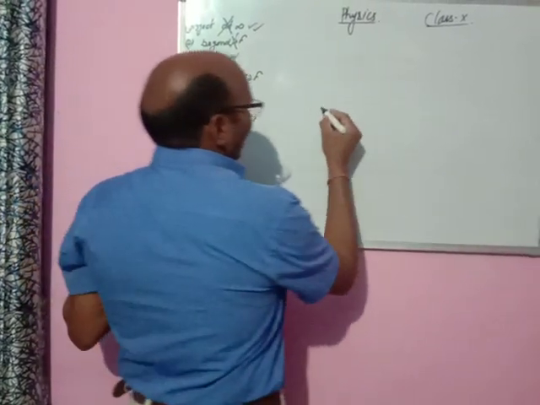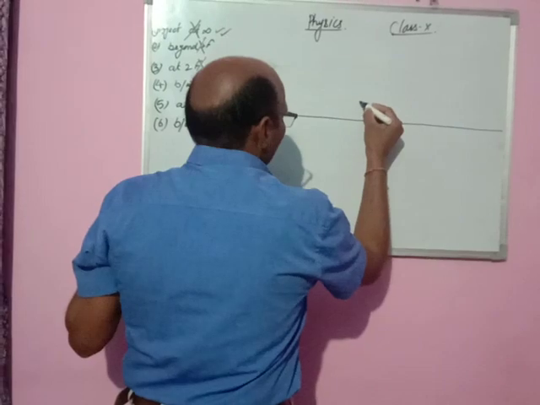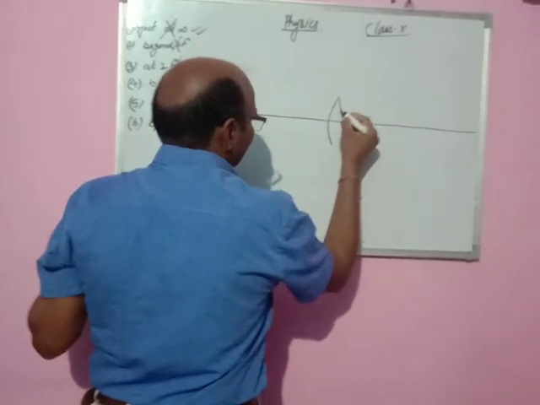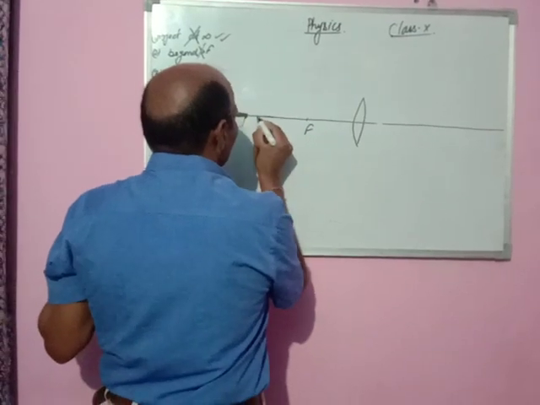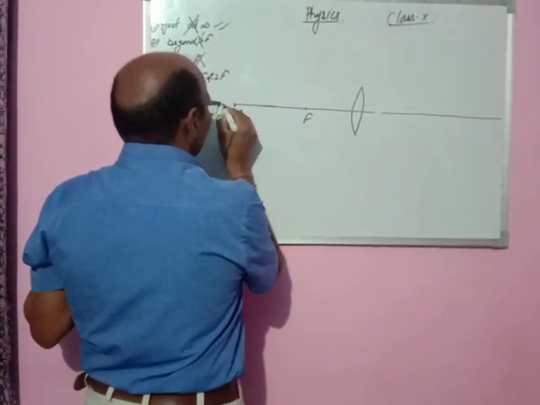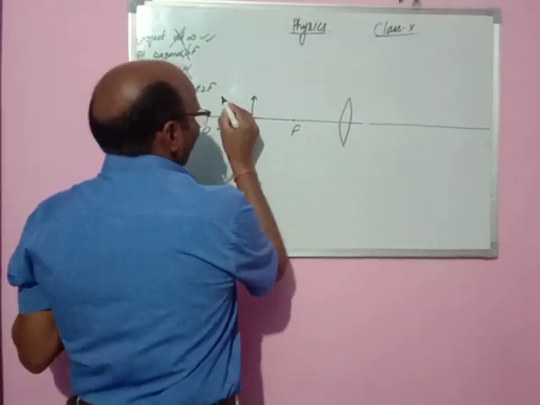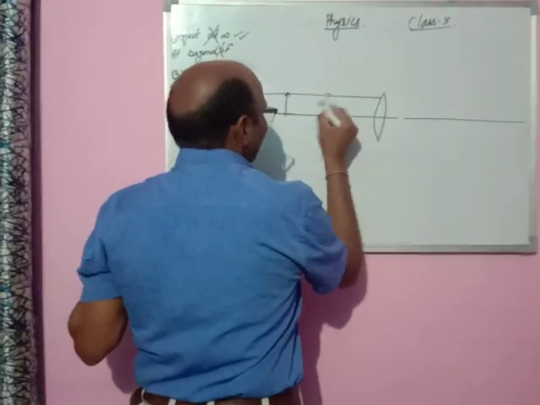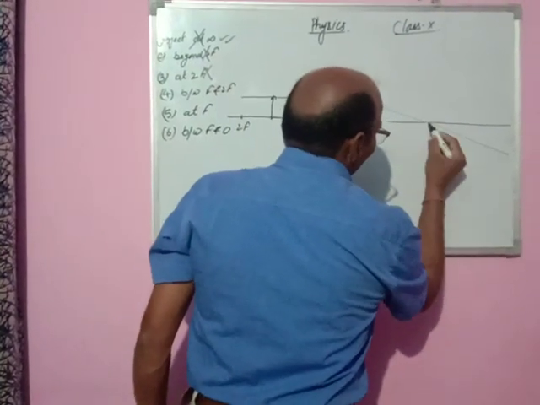The object is between F and 2F. Okay, this is the lens, this is F, this is 2F, and the object is kept here somewhere. Again, I will take one light ray coming parallel to the principal axis. It will pass through F dash.